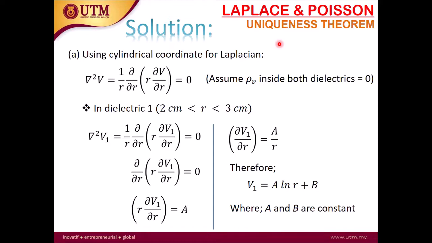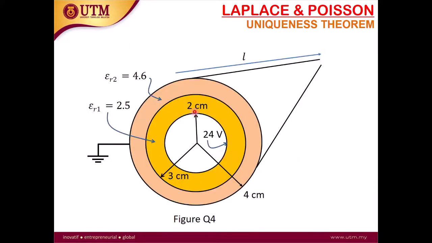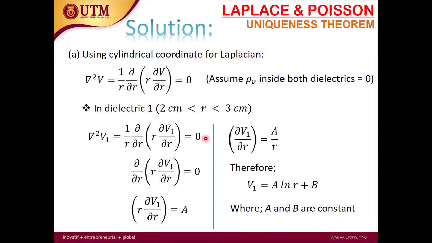Therefore, we use the R component because when we see our structure, the potential depends on R. So, the Laplacian of V equals 1 over R, del over del R, in brackets R del V over del R, is equal to 0.